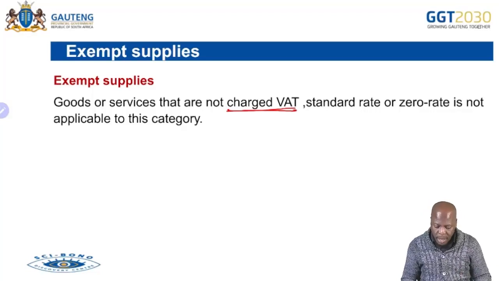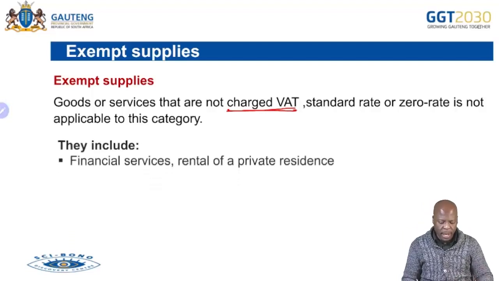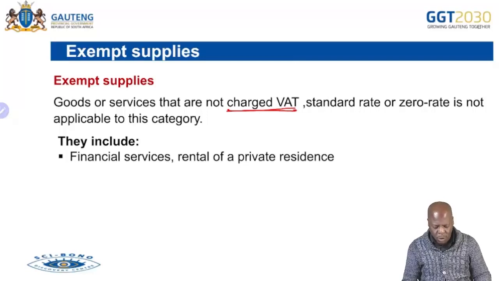The standard rate or zero rate is not applicable to this category. In other words, these goods do not qualify to be zero rated, neither do they qualify to be standard rated. So they become what we call exempt supplies. Let's see what type of goods and services they include.